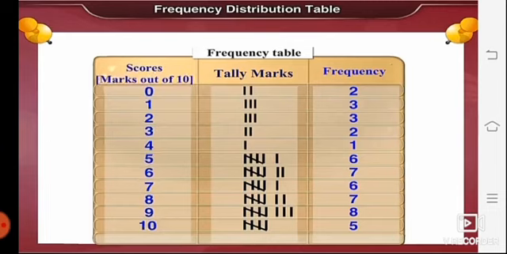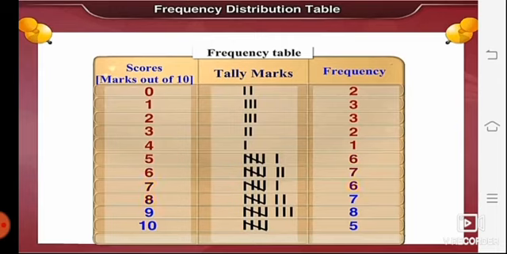The frequency of 0 is 2. Frequency of 1 is 3. Frequency of 2 is 3. Frequency of 3 is 2. Frequency of 4 is 1. Frequency of 5 is 6. Frequency of 6 is 7. Frequency of 7 is 6.